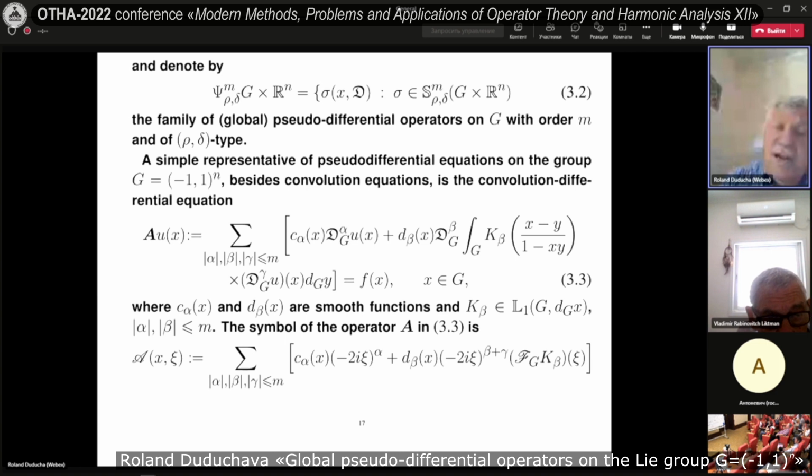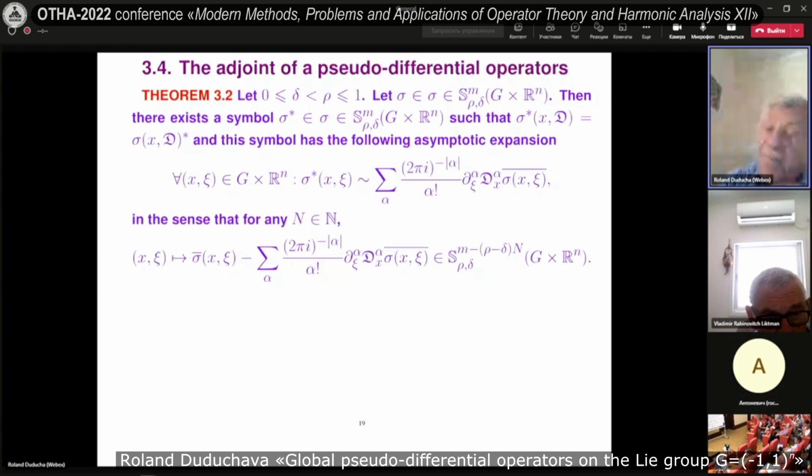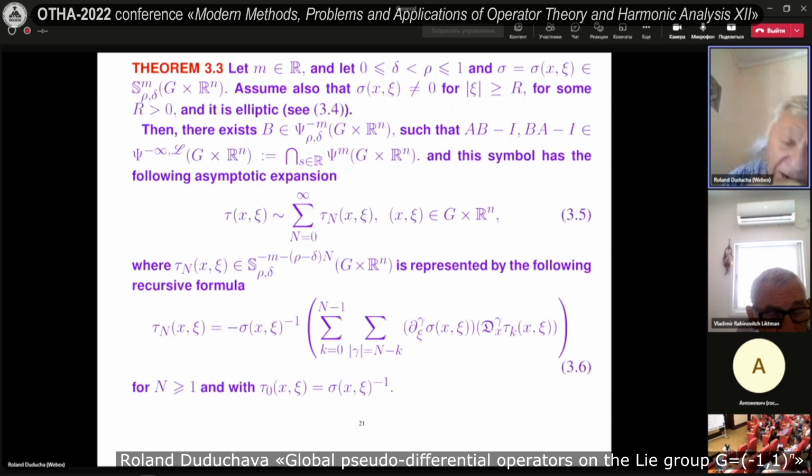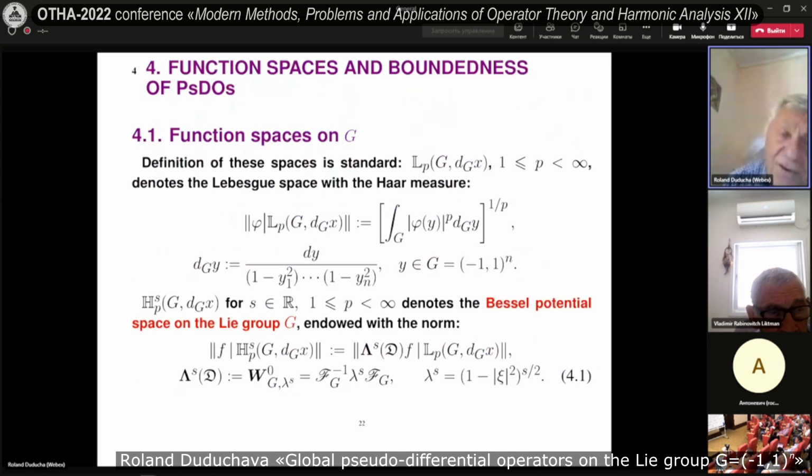Parametrix. If the symbol is elliptic of order m, it's written here 1.3.4, then we can construct a parametrix. The parametrix is constructed again by the standard formula with the help of these weighted derivatives. And all these results repeat the results from the classical theory.